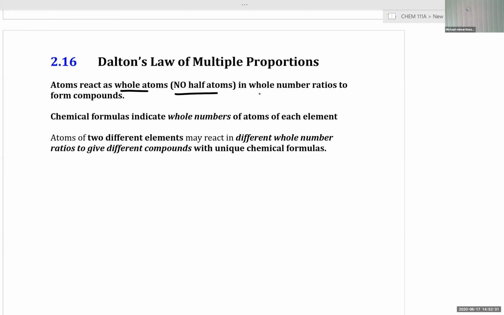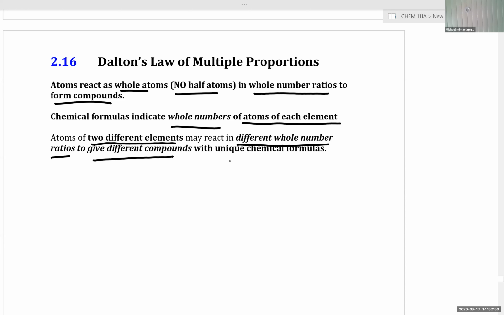Atoms also react in whole number ratios to form compounds. Chemical formulas indicate whole numbers of atoms of each element. And atoms of two different elements may react in different whole number ratios to give different compounds with a unique chemical formula.